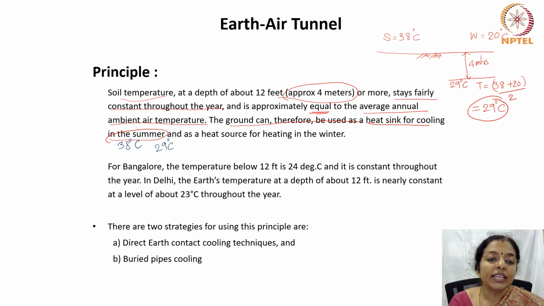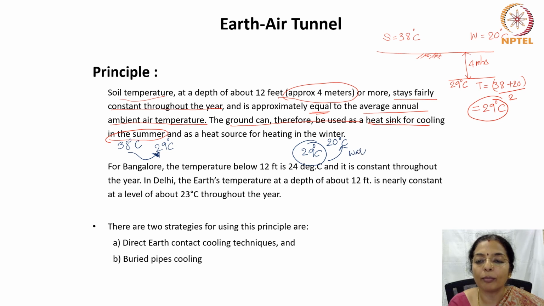Therefore, we will arrive at a system in such a way this 38 degrees centigrade becomes 29 degrees centigrade without use of much external energy. Similarly, in winter, the outdoor temperature is 20 degrees centigrade. We will extract the heat from the earth, which is at 29 degrees centigrade, to make the indoors warm.